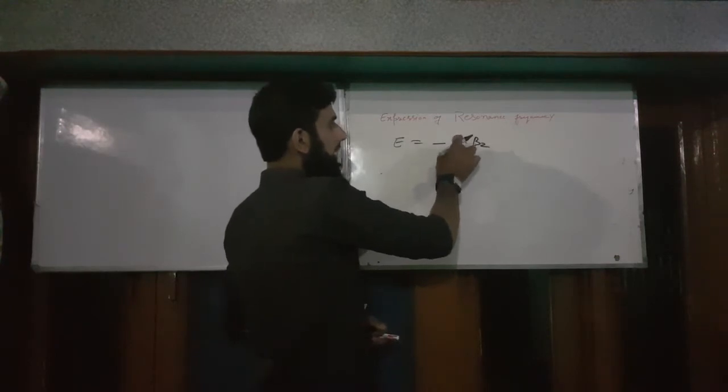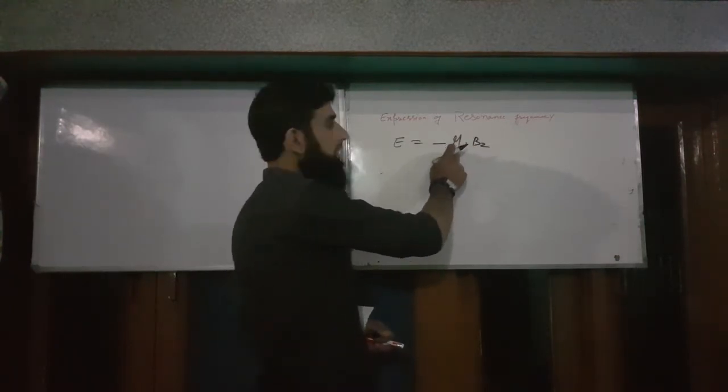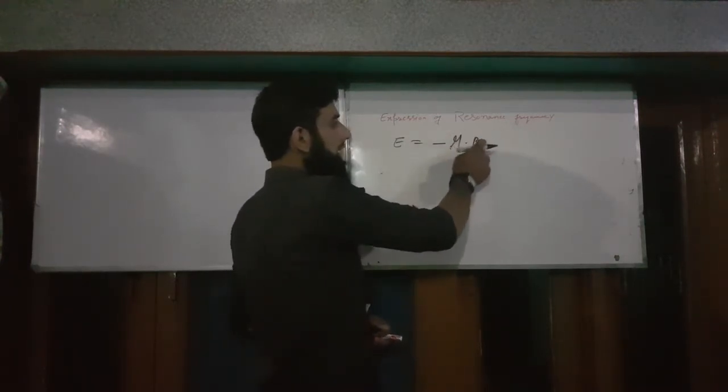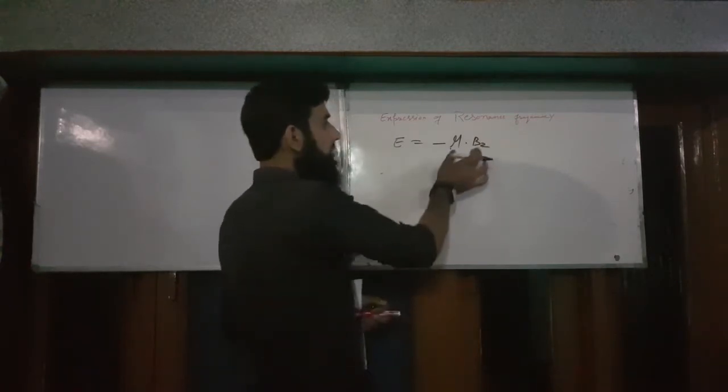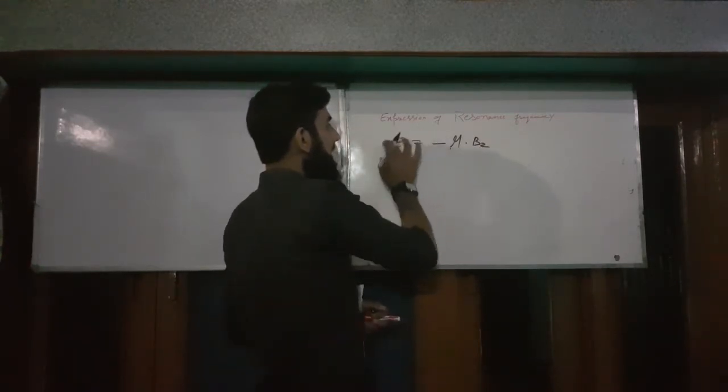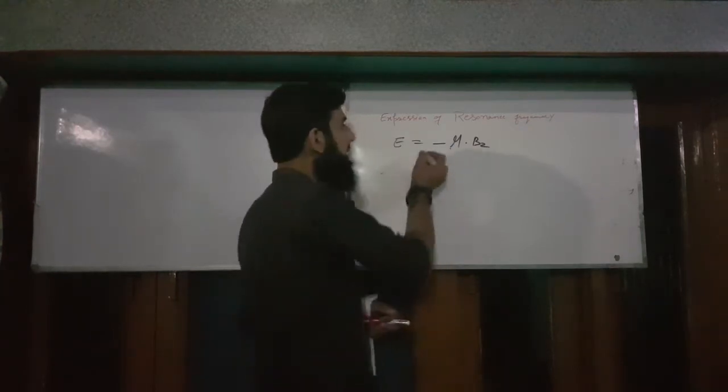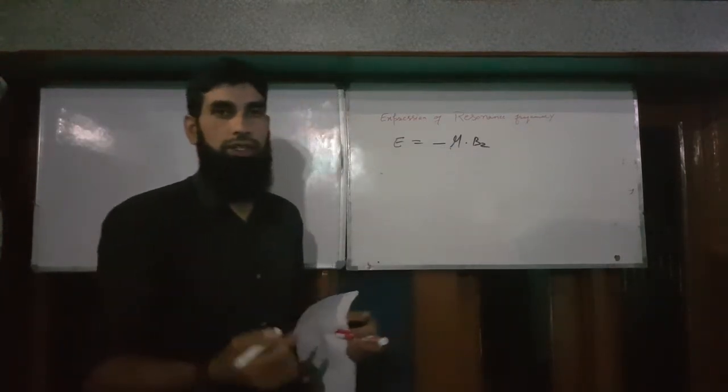The magnetic moment of the hydrogen nucleus is fixed, and if we increase Bz, the energy of interaction will increase. The negative sign indicates that this is the energy of interaction.